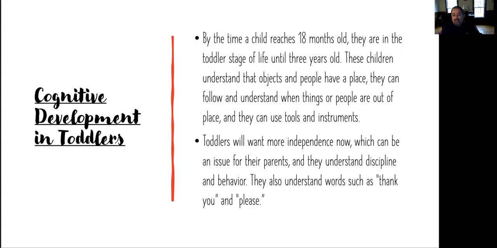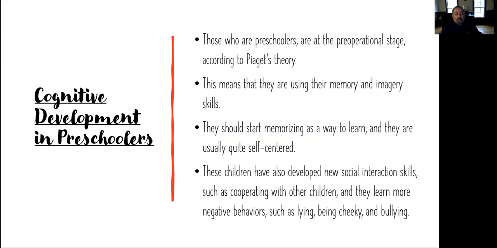Thank you means somebody is appreciating what they're doing, and please means they're requesting something for someone to do. So maybe as early as 18, 19 months of age, we begin to have these magic words to be used.